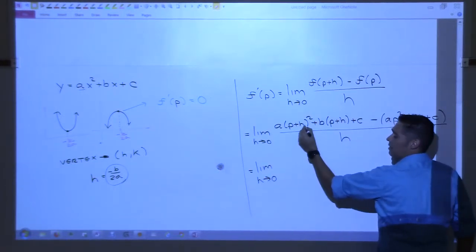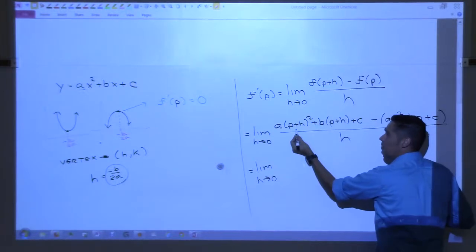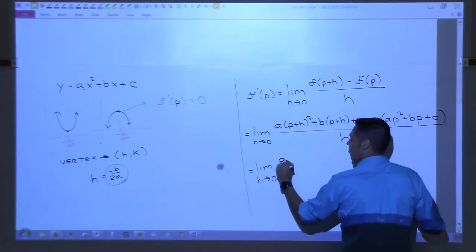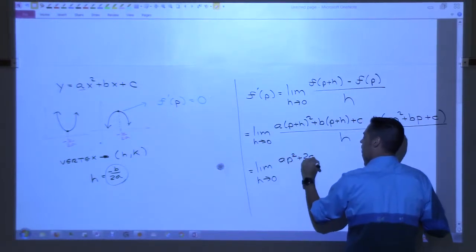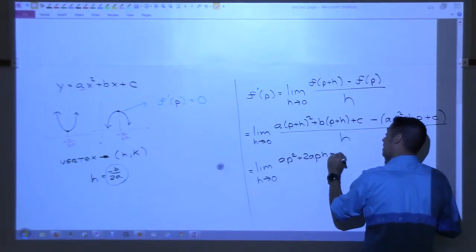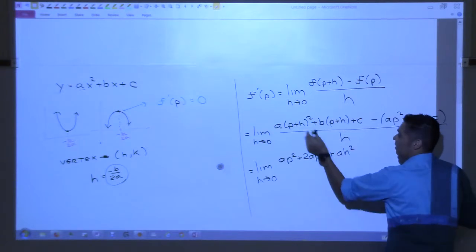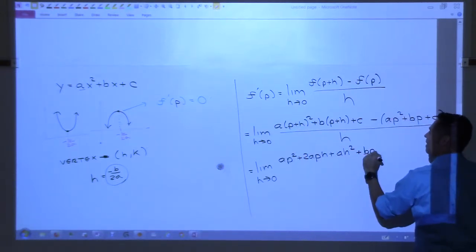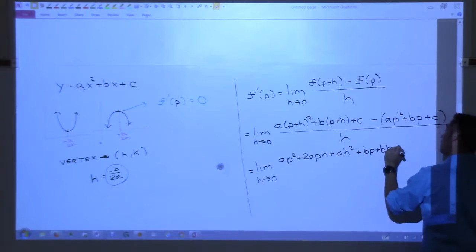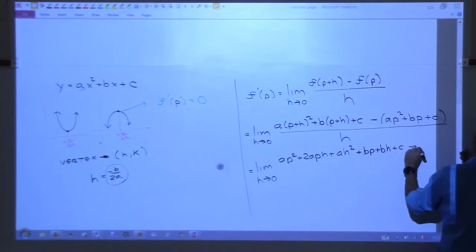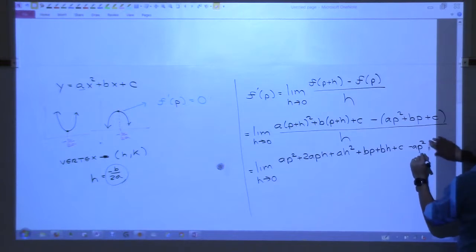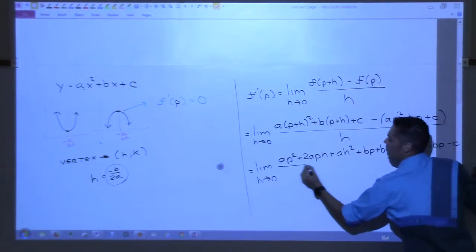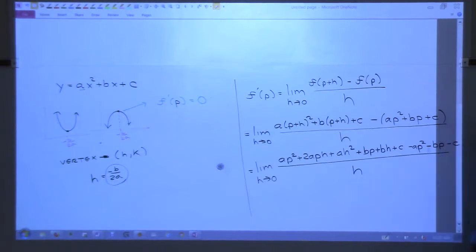I'm going to square that, which is going to be p squared plus 2ph plus h squared. But then I'm going to distribute an a through it. So it's going to be ap squared plus 2aph plus ah squared. So I expanded that and distributed the a, plus bp plus bh plus c, minus ap squared, minus bp, minus c, all of this over h.